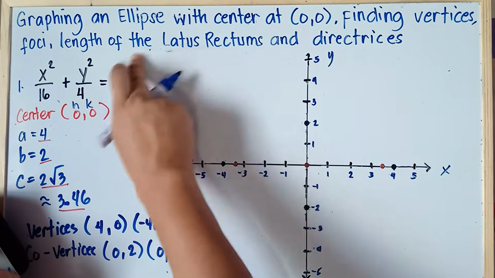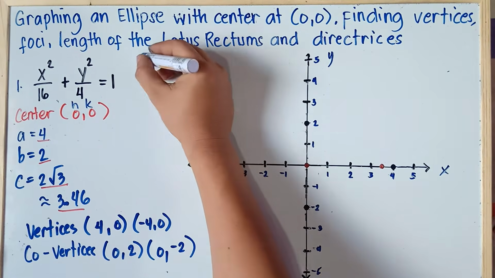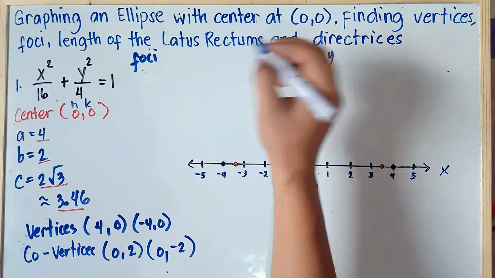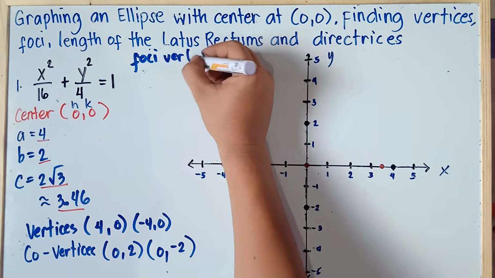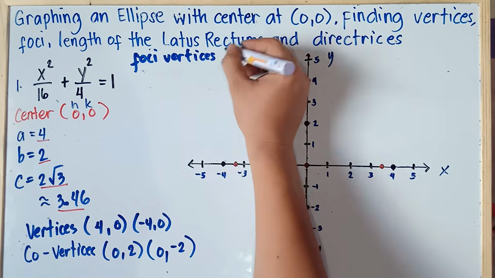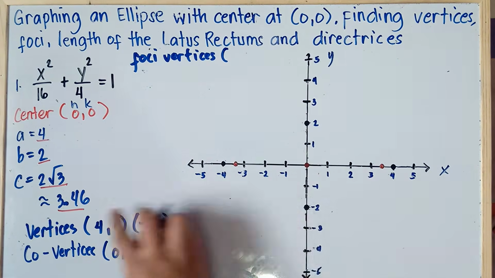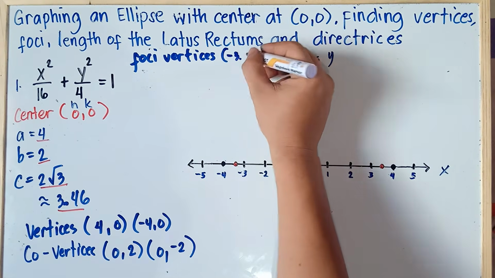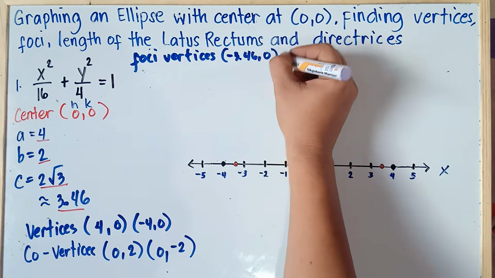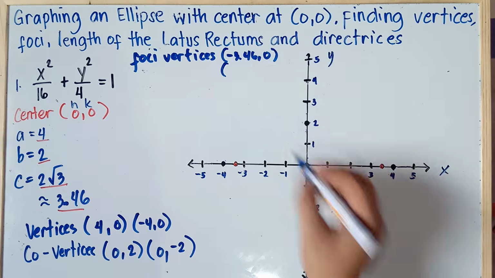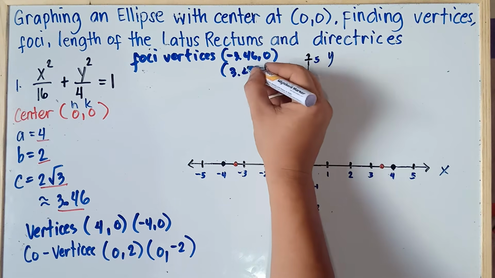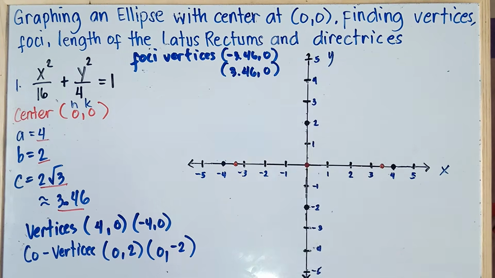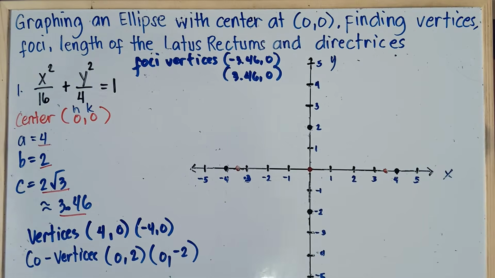Because we have 2 foci, the coordinates are (-3.46, 0) for the first one, and the other one is (3.46, 0). Alright, next step, class, is we need to find the length of the latus rectum.